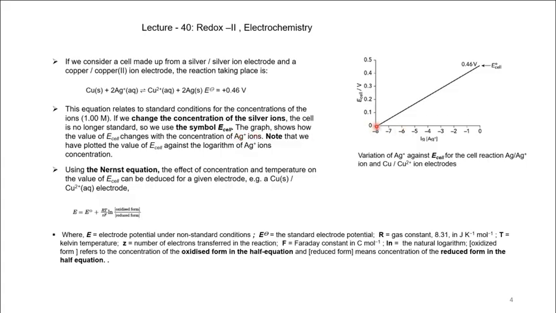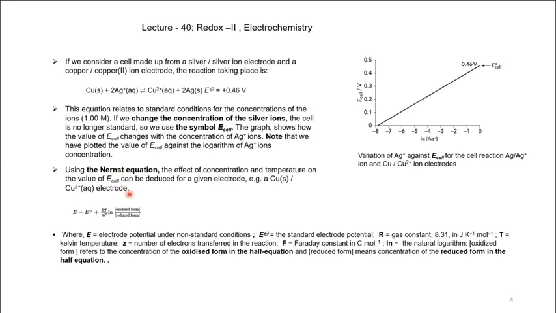and you can see that it increases with the concentration of silver ions. So that is what we have to use, and it is called the Nernst equation, to get the E cell value from the standard electrode potential and the reaction.